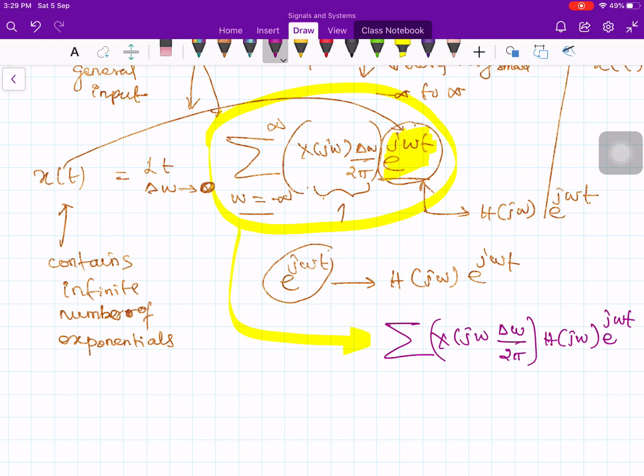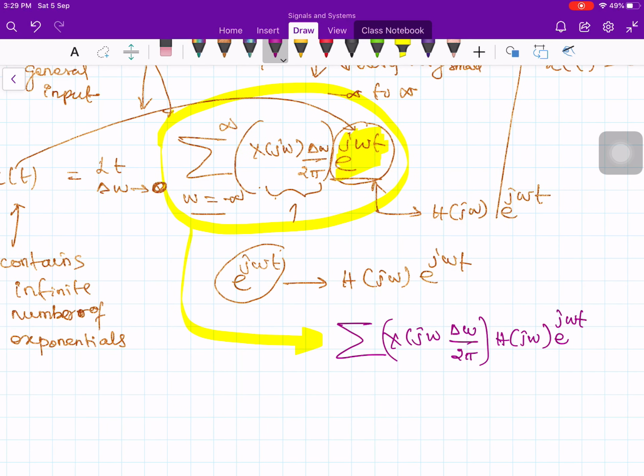If you send e to the j omega t, then output will be like this: a times e to the j omega t, output will be a times h of j omega times e to the j omega t, where a is a constant. Similarly, instead of a, I have this whole lot of function.